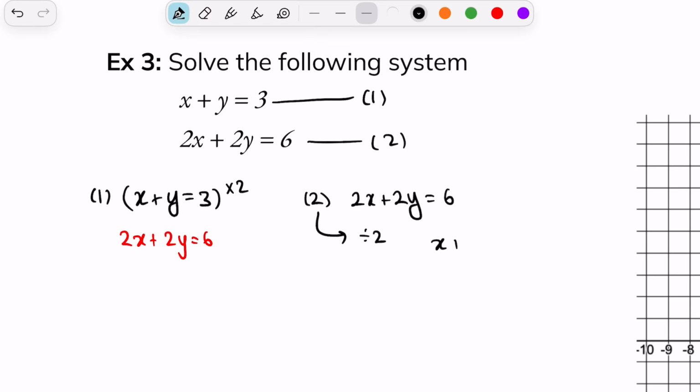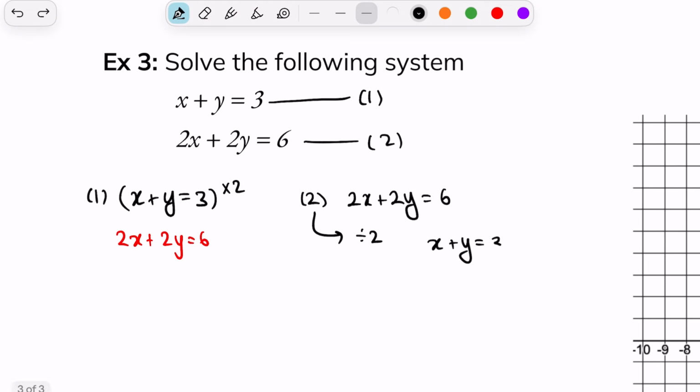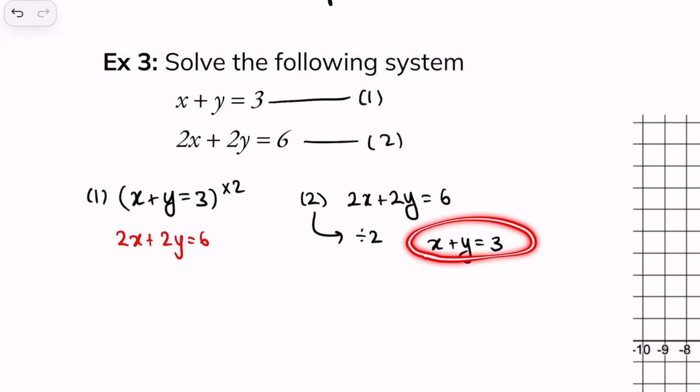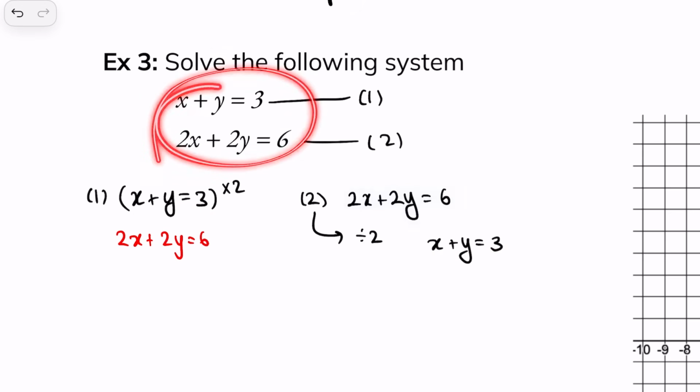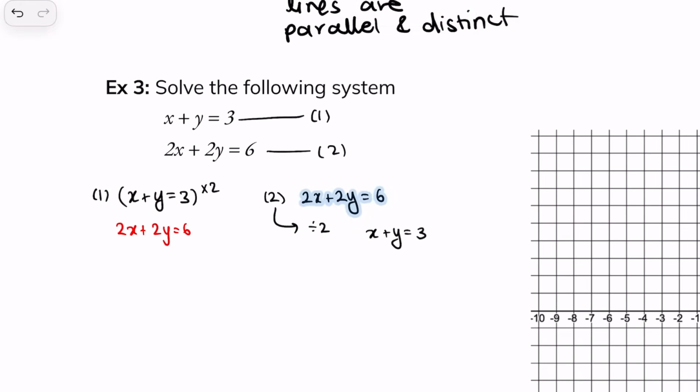I'll get x plus y equals 6, right? Or no, sorry, I forgot to divide the 6 by 2. 6 divided by 2 is 3, so you will get x plus y equals 3, which is the same thing as this, right? So we already know that these two lines are the same, hence we're going to get an infinite number of solutions.